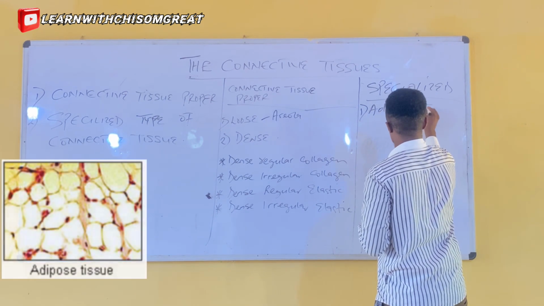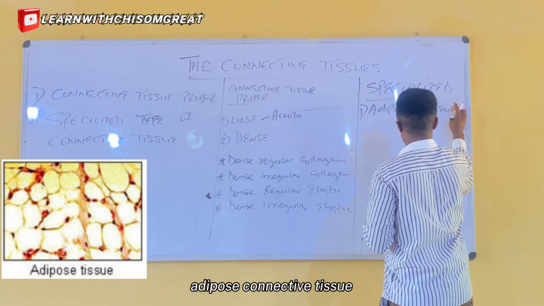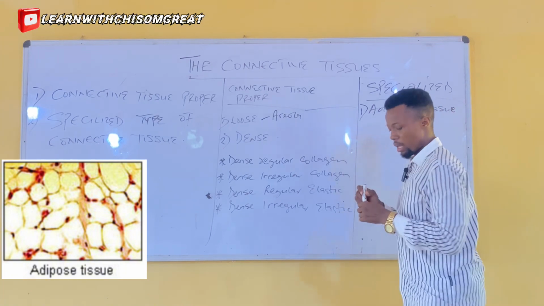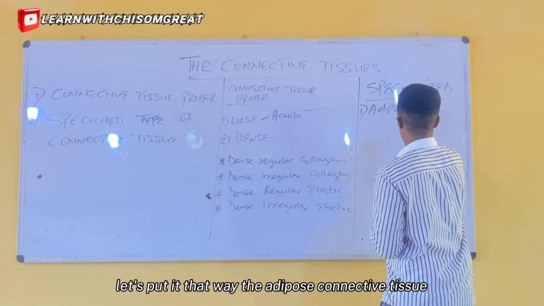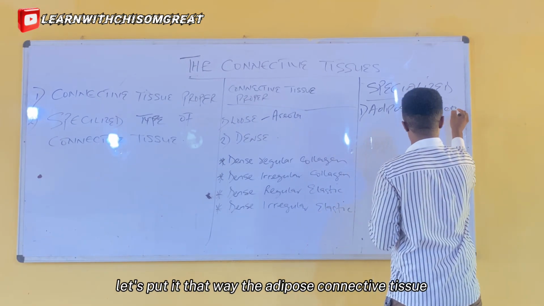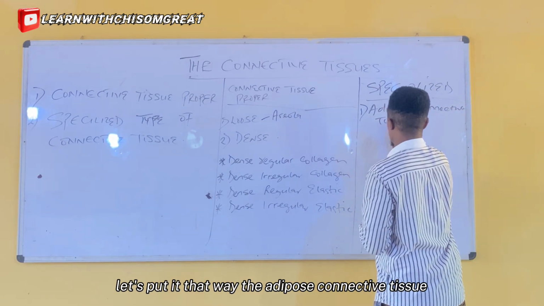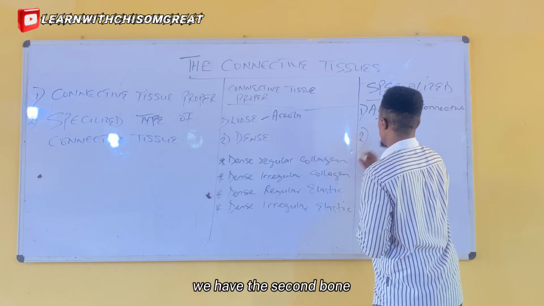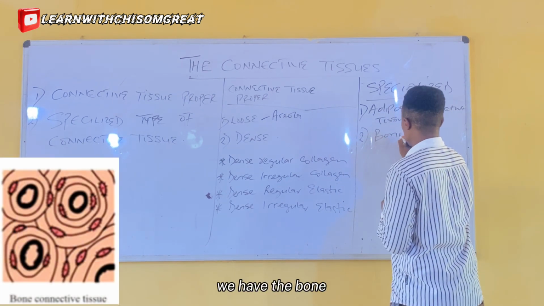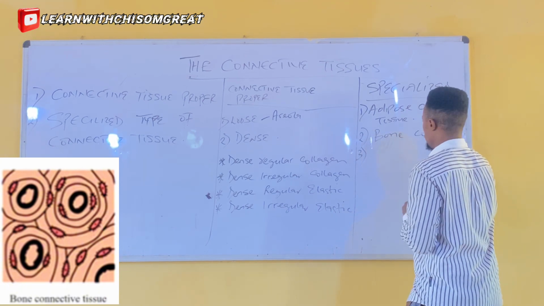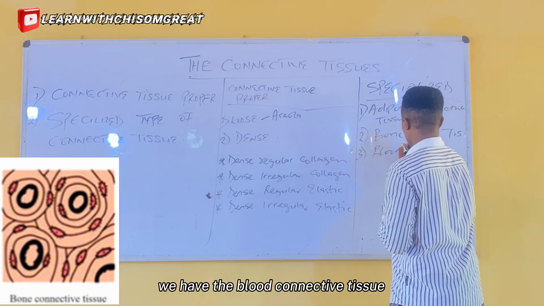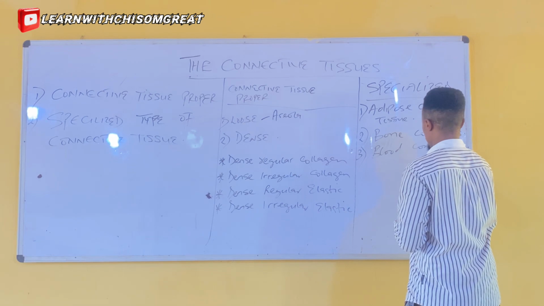Adipose connective tissue, the second one. We have the bone connective tissue. We have the blood connective tissue.